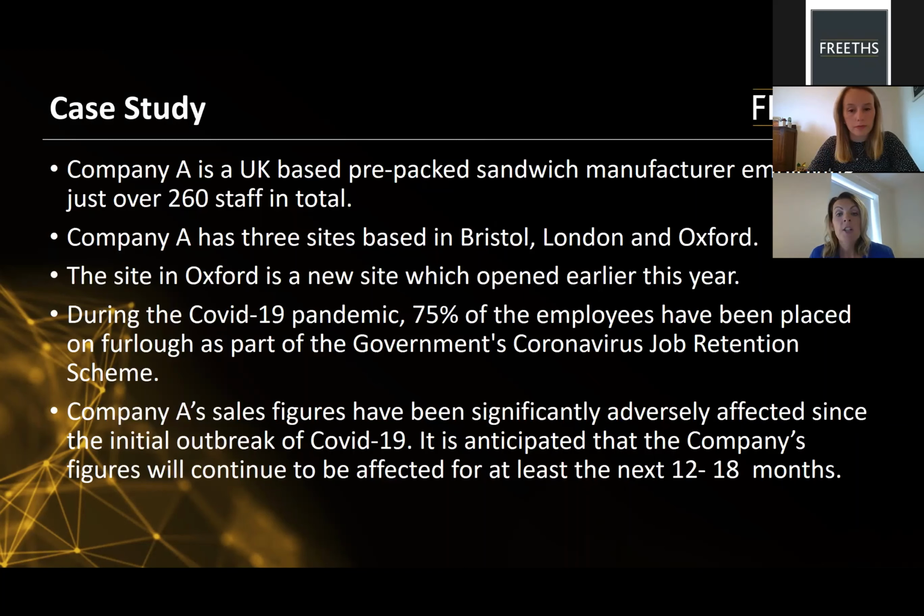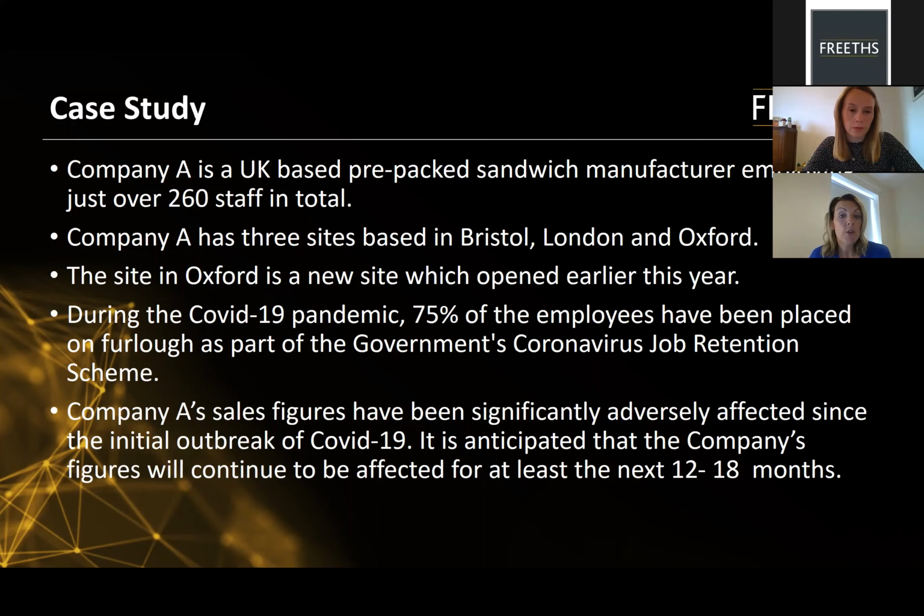So the case study that we've set out for you is a UK-based pre-packed sandwich manufacturer employing just over 260 staff in total. So obviously the number of staff is something to look out for. There are 3 sites, again something to be wary of: Bristol, London and Oxford.